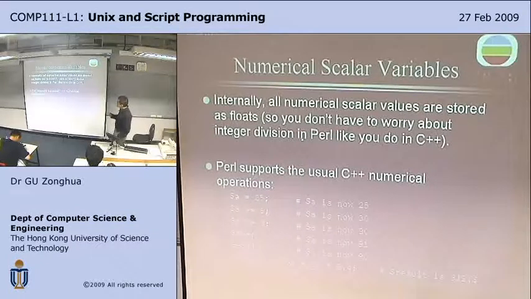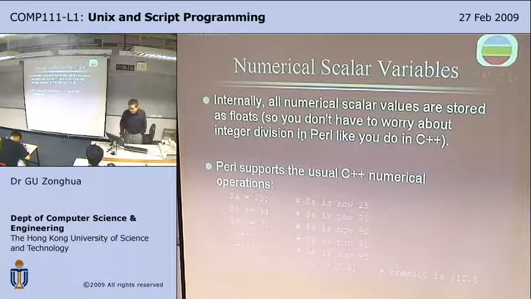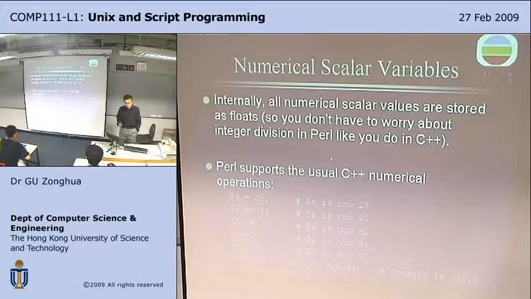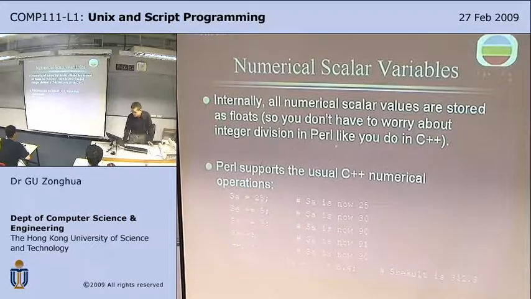But in Perl, every numerical scalar value is automatically stored as a float, so you automatically get 1.667. Always. Because you don't have variable type declarations, every numerical scalar variable is floating point. So even if it's an integer, it's stored as, say, 25.0000.